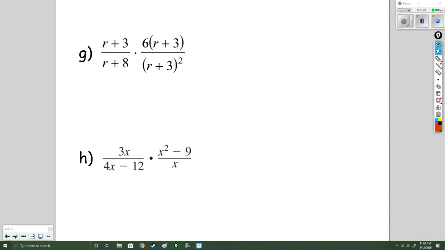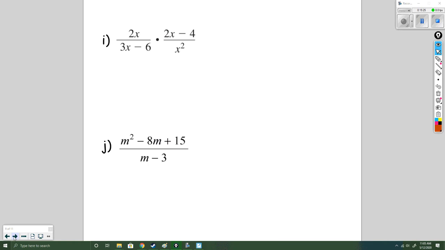Skip that next one, and then we're going to go right to J. So we're going to simplify this trinomial. So factor that trinomial, and remember we have a bunch of different methods by which we can factor. I'm just going to go with the tried and true method of basically guess and check. M squared to get that is m times m, and then 15.